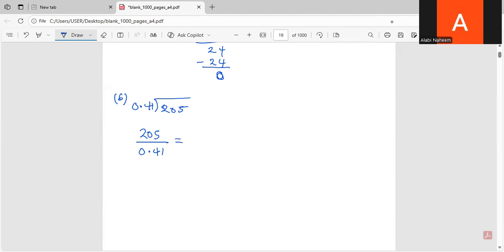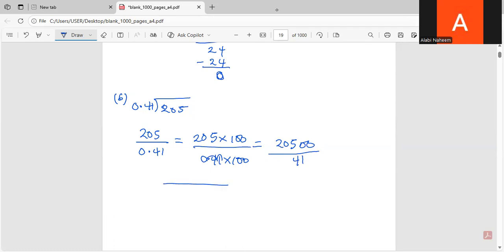That means we have to multiply it by 100. 0.41 times 100. That will affect the numerator. So we have to say 205 times 100 also for the numerator. So we proceed, the numerator becomes 20500. For the denominator, I'm moving the decimal point twice because it is 100. Then it will be to the right. That's 1, 2. That's 41.